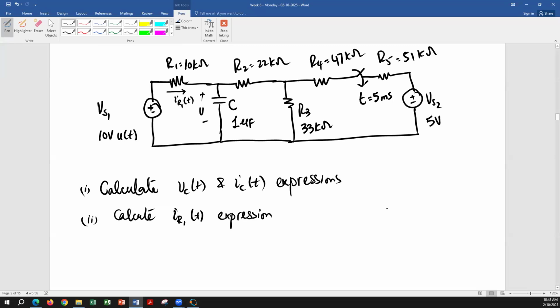Okay, so this is the circuit. Now once again observe the circuit and see what's going on first. So time t less than 0, what's happening in the circuit?